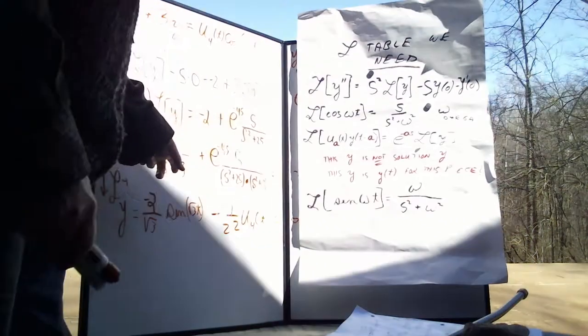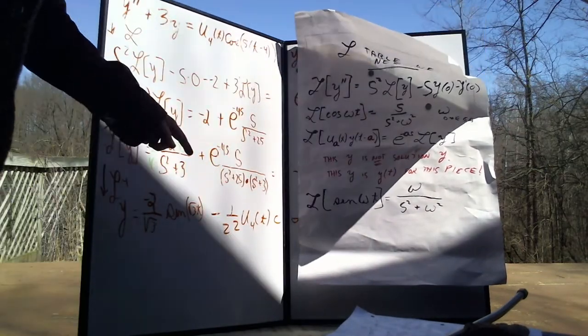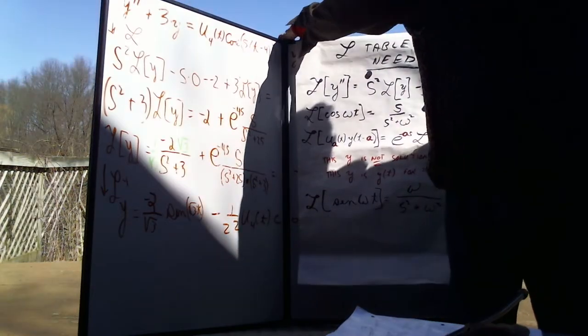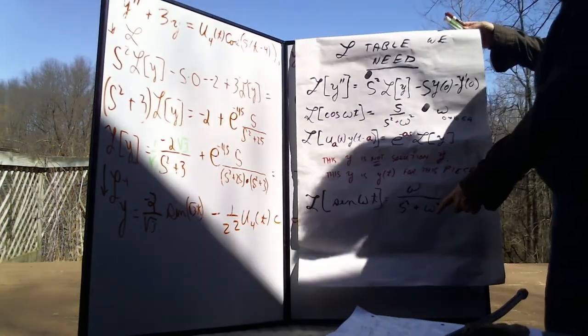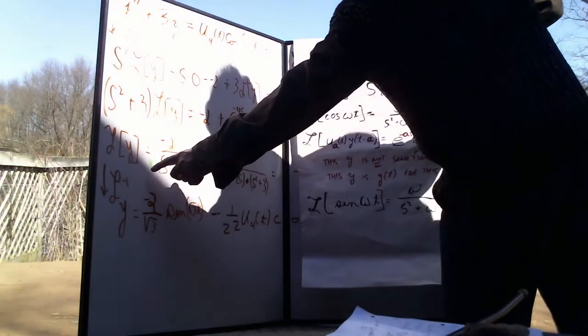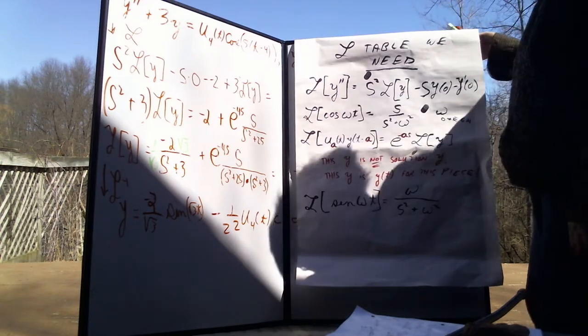I've got to have it, because if you look at the table, we're going to be doing sine for this guy, because I don't have an s up here. So I'm doing sine. That means I need an omega. And omega squared is 3, so omega is square root of 3. So I need a square root of 3. I can balance that off with the 1 over square root of 3, and the 1 over square root of 3 is going to live.